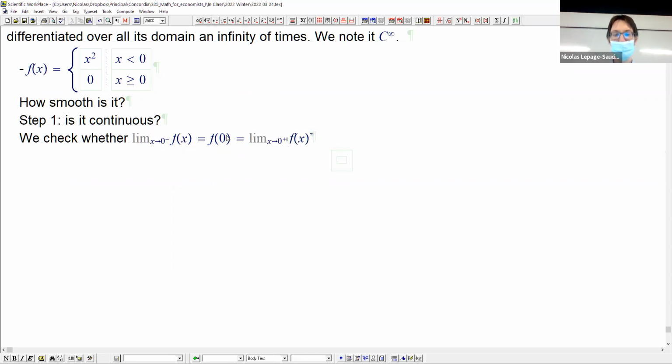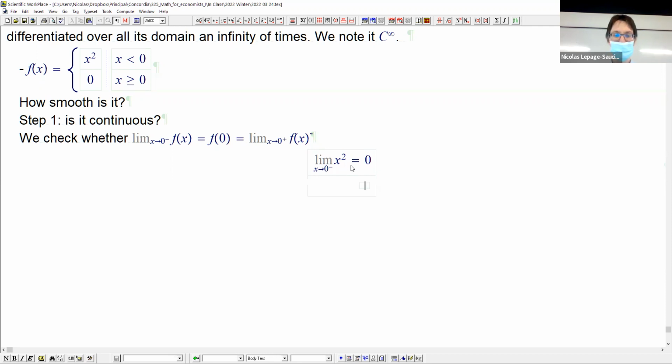This is how you write it. The limit when we come from the left: now we have smaller values than 0, so we take this section, which is essentially x squared. So this is an easy limit. You just substitute 0 there, so you get 0.